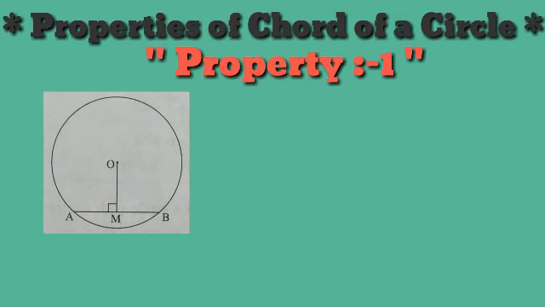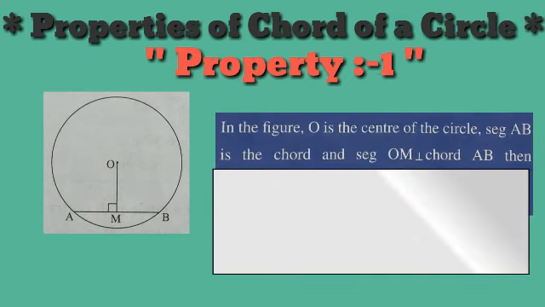Now students, let's move towards the properties of a chord of a circle. Let's see the first one. Here in this figure, O is the center of the circle and segment AB is a chord, and segment OM starts from the center of the circle. So segment OM is perpendicular to chord AB.